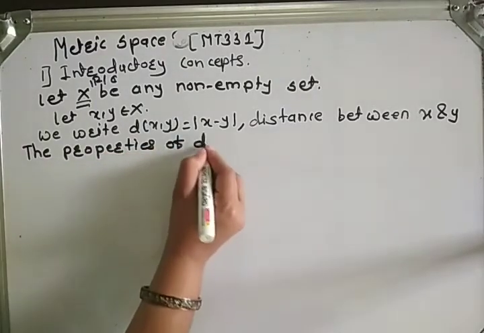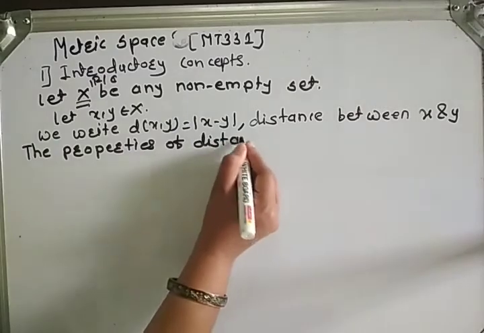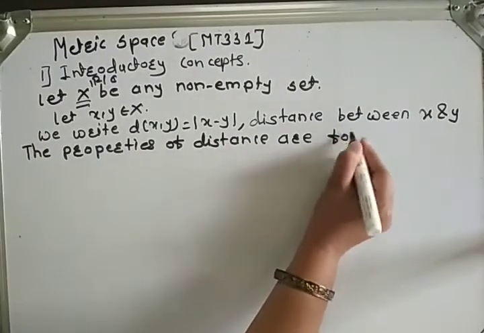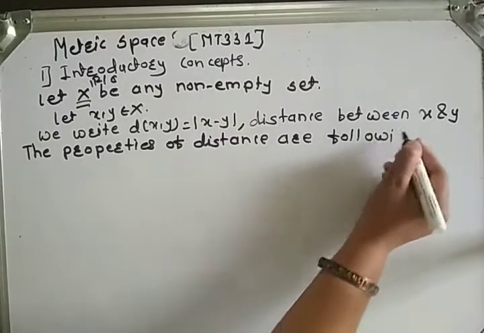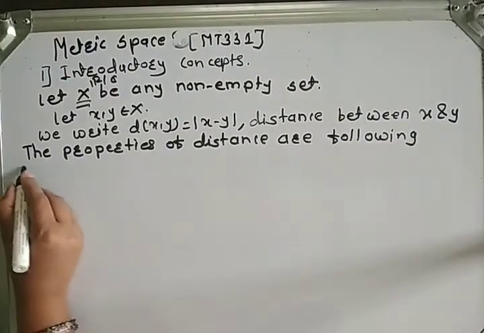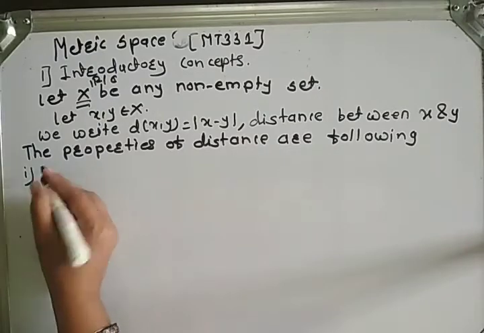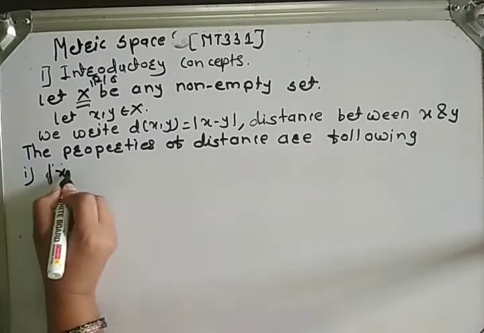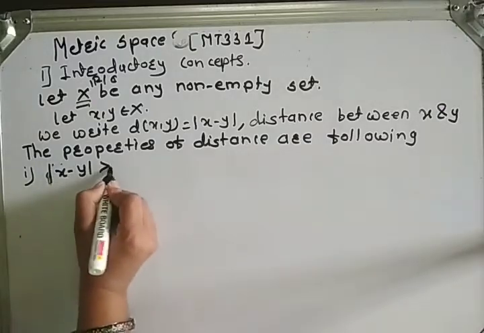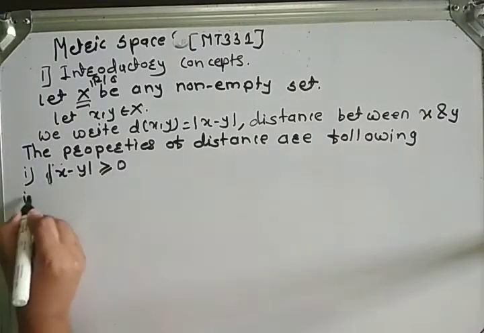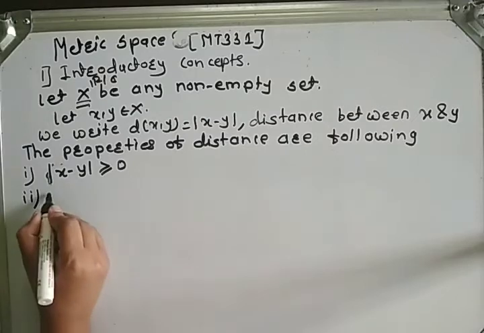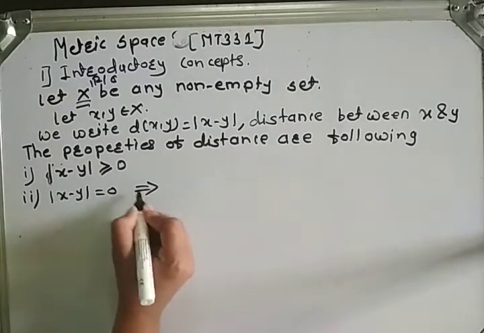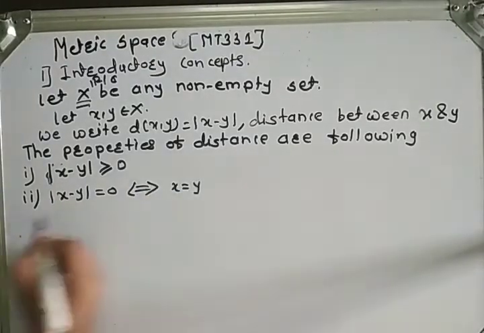The properties of distance are the following. The first property is mod of x minus y is always greater than or equal to 0. The second property is mod x minus y is equal to 0 if and only if x is equal to y.